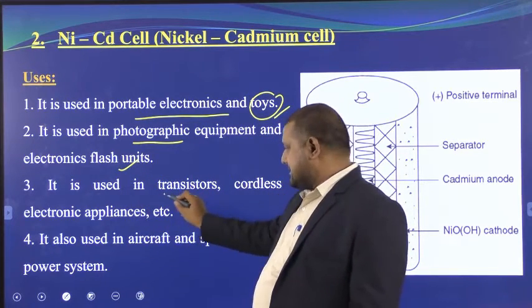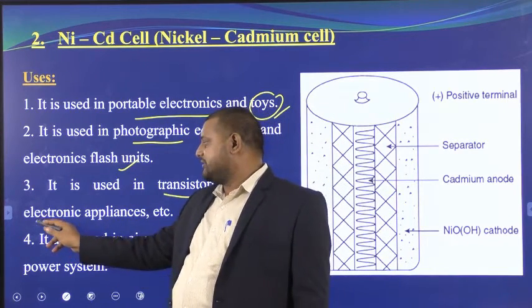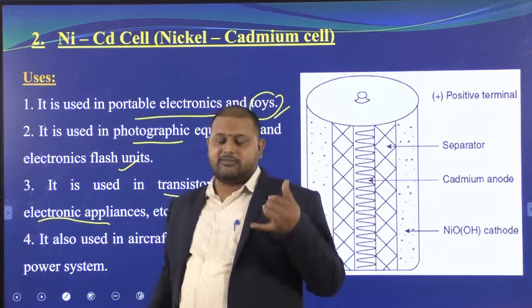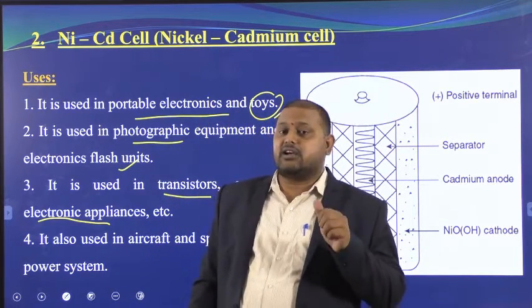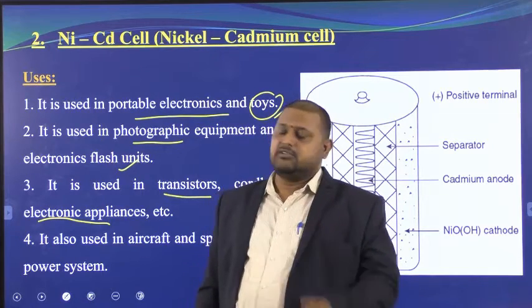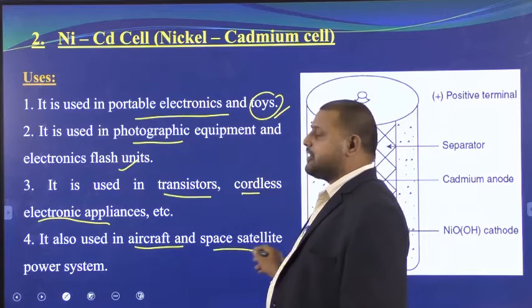Third one is transistor radios and cordless electronic appliances. Cordless electronic appliances means, when you don't have a cell phone or mobile, we have landline phones which we can carry away. Cordless phones, and also used in aircraft and space satellite power systems.